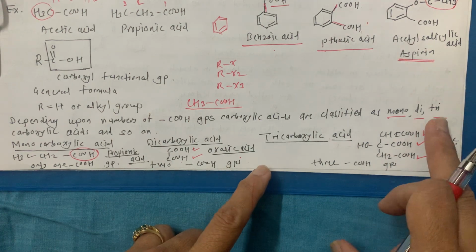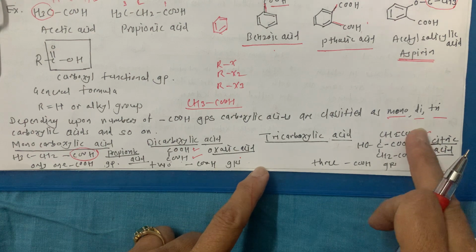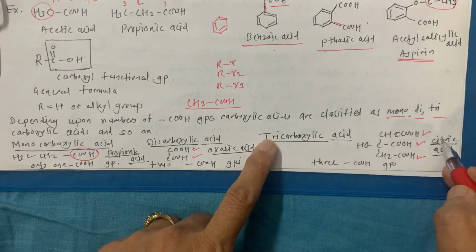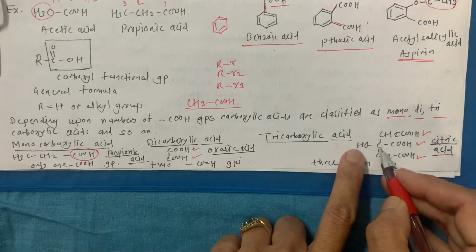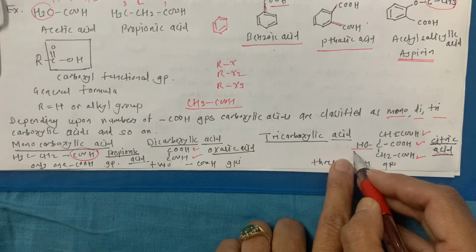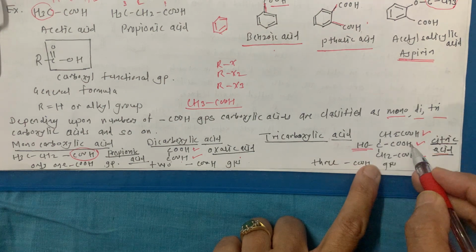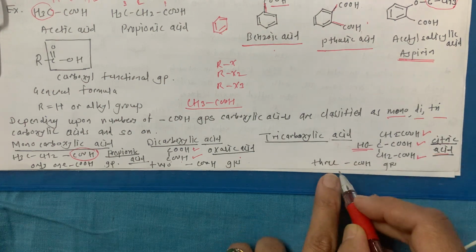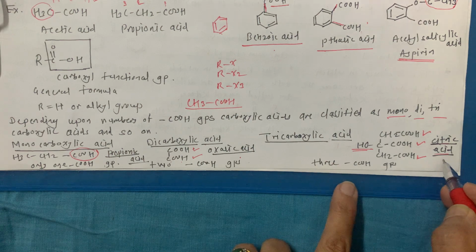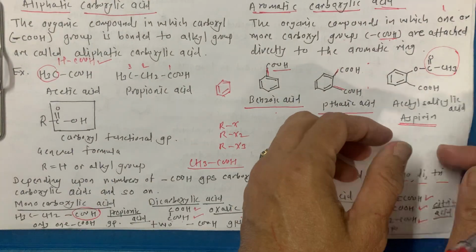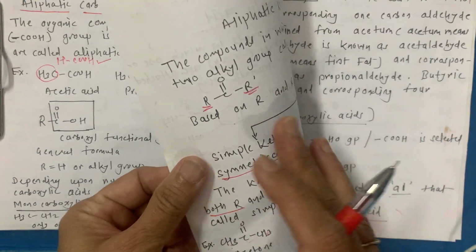First, focus on the tricarboxylic acid. The example is citric acid, where on the second carbon there is one HO also, and here it is CH2COH, CCOH, CH2COH. This is 3 COH groups, and the common name is citric acid. This is all for classification.